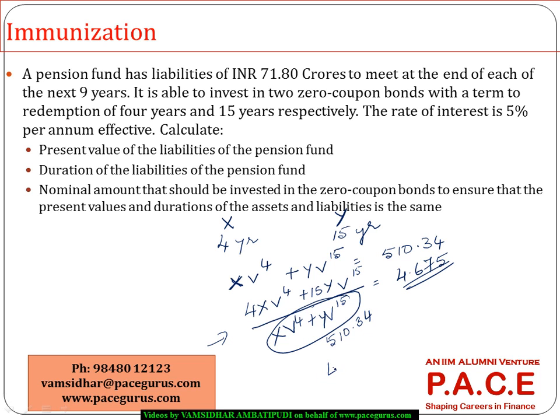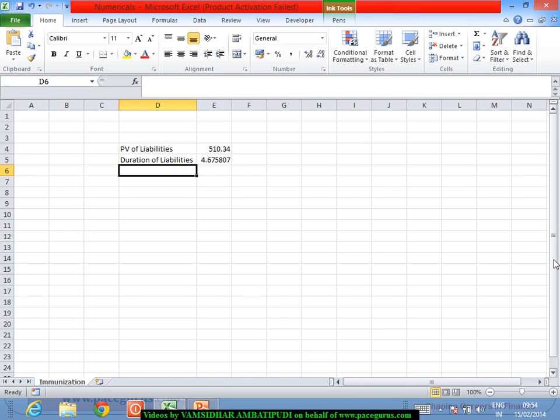So regarding the duration, I get 4x v^4 plus 15y v^15 is equal to 4.675 into 510.34.